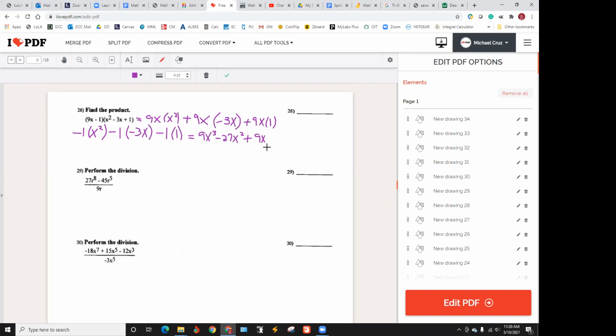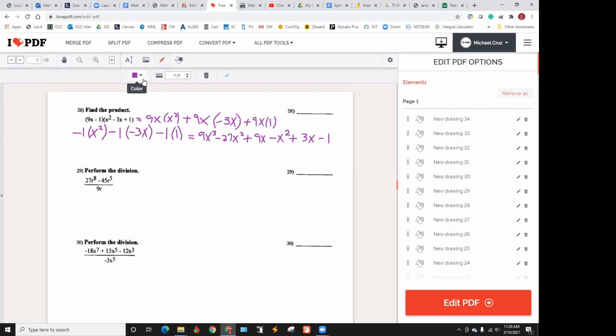And over here, it's just going to change the sign of the x squared. That's all the -1 is doing, is just changing the sign. -1 times -3 is now positive 3x. And then -1 times 1 is just a -1.